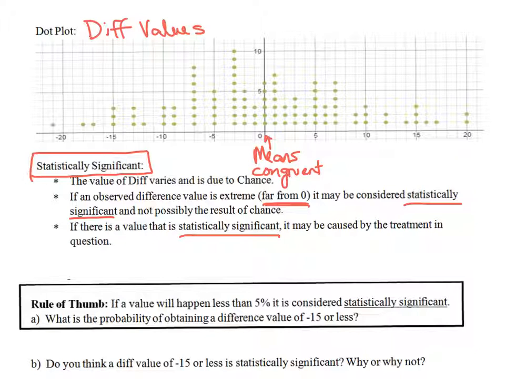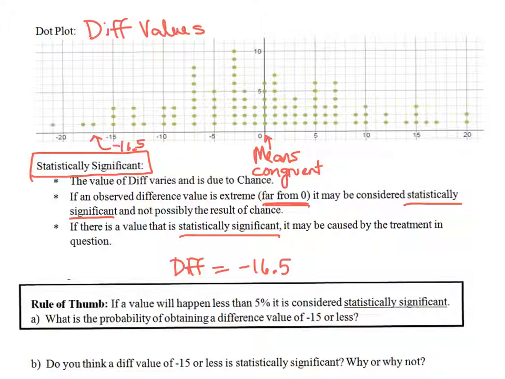So I want to just take a look at the diff value that we got in the above example number 2. We had a diff value of negative 16.5. So when I look at negative 16.5 on my dot plot, it's going to be right about here. So a diff value of negative 16.5 is far away from 0. If I then go ahead and look at the ones that are beyond it, there are 3 of them that are beyond it.